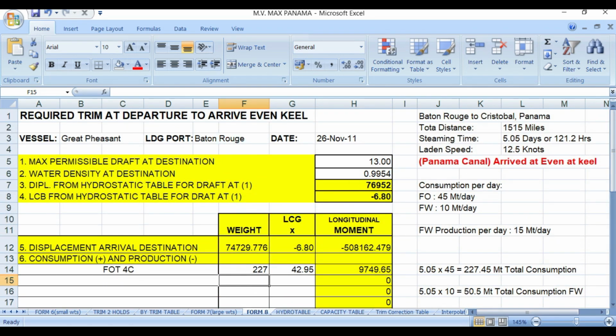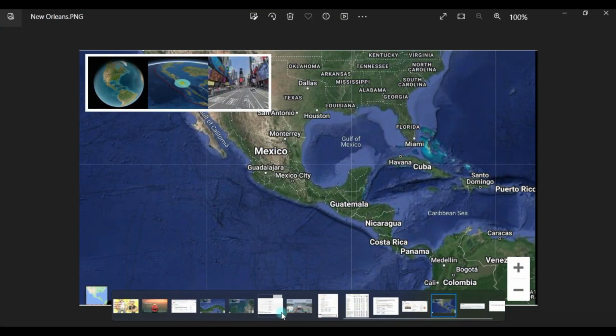This time, we will depart in Baton Rouge going to Panama. But here, this is an actual loading. So we have a target drop for departure.